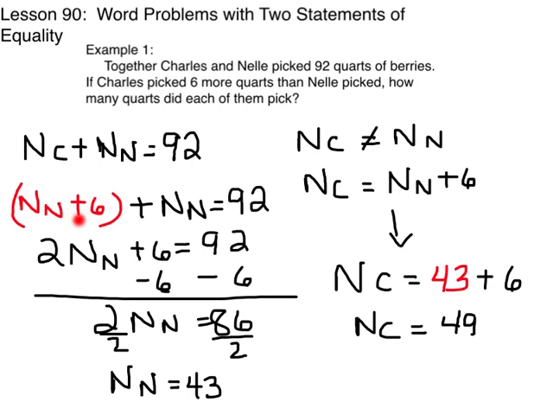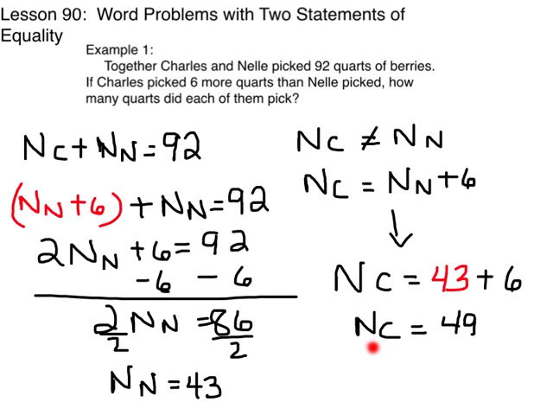So we substitute that in, and we combine our like terms. 2n plus 6 is 92. Subtract 6 from both sides, and we have 2n is 86. Divide by 2 on both sides, and we find that the number that Nell picked was 43. Now, the second part is really easy.